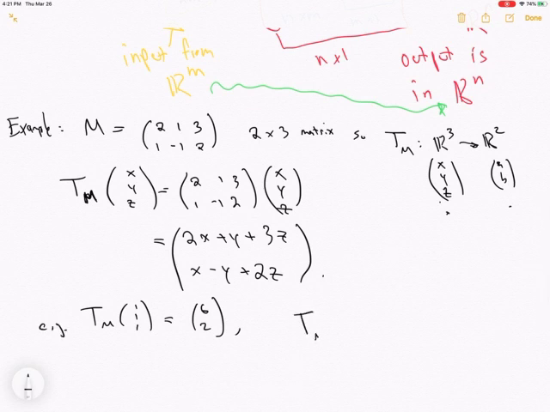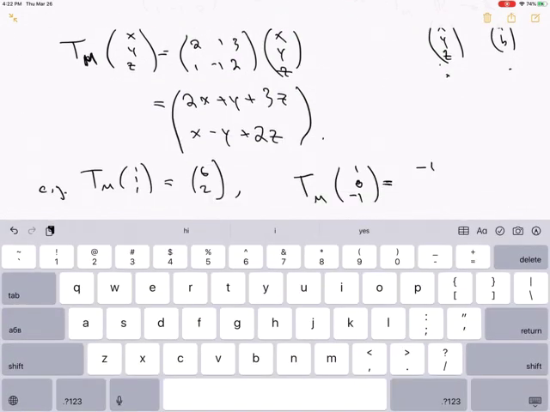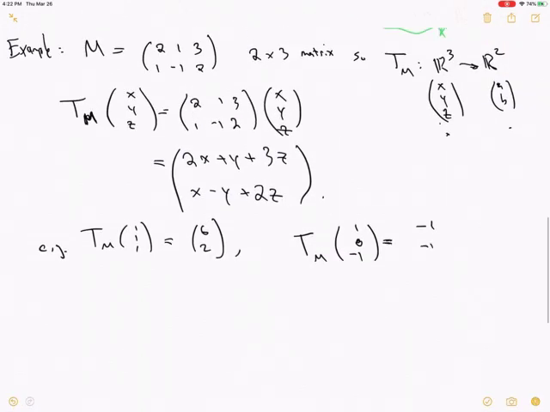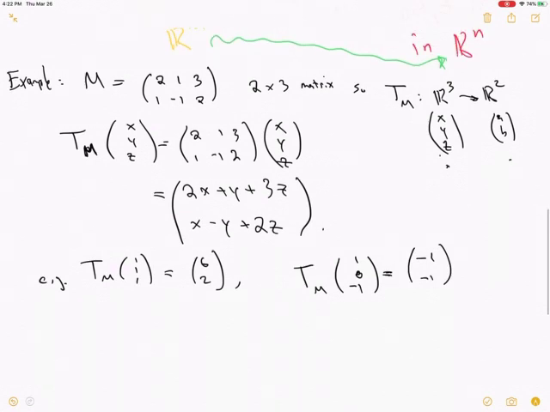So you can input any triple of numbers you want. You can plug in 1, 0, minus 1, and when you do that, it spits out minus 1, minus 1. Oops, sorry. So just by using the formula above.